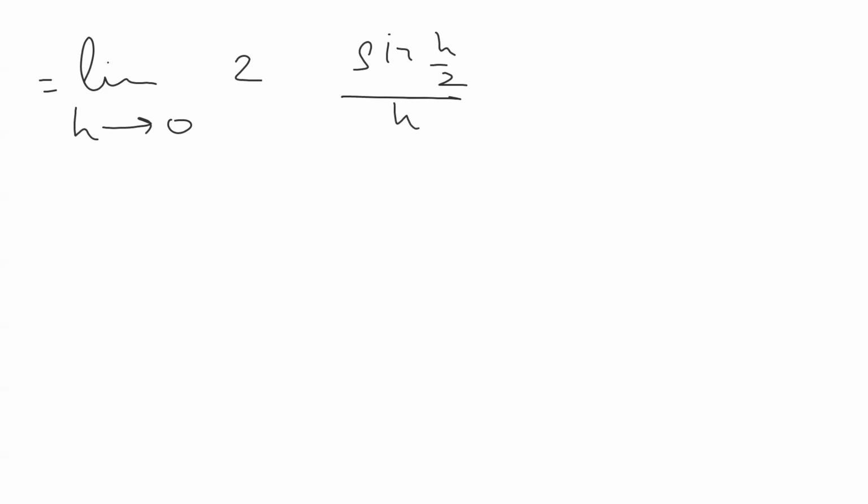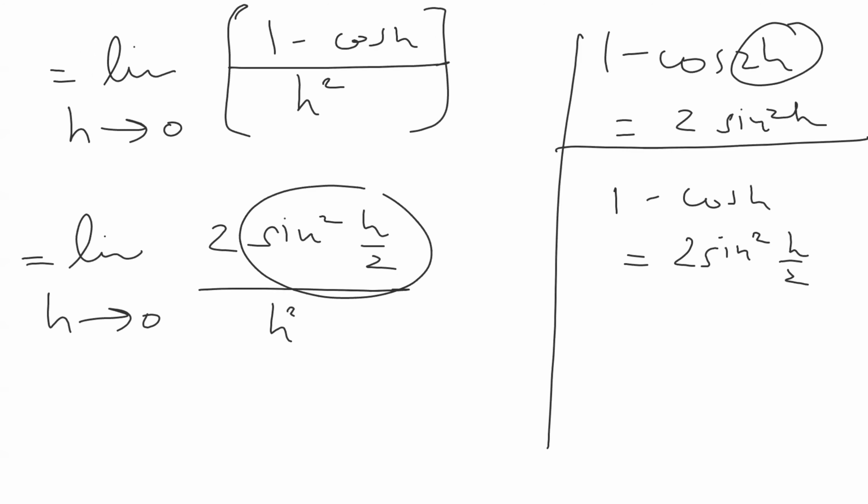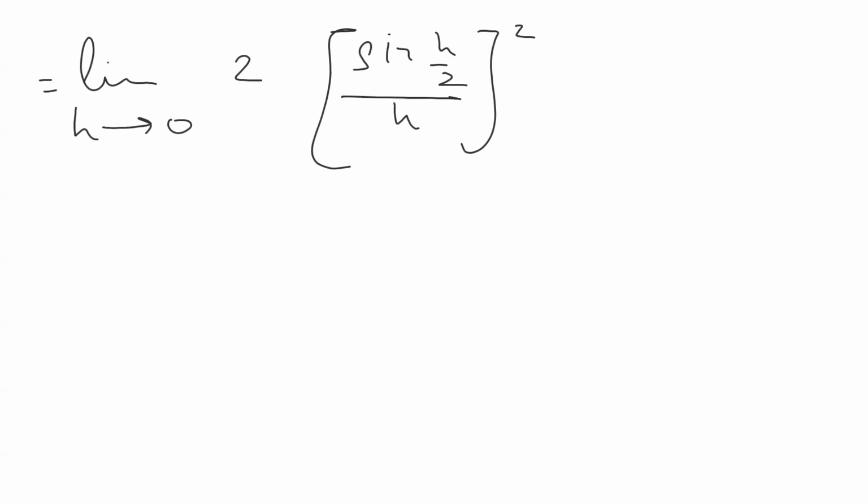So the limit, h approaching 0, 2 remains as it is, then sine h by 2 upon h the whole square. We are grouping the square terms together. Now in the numerator we have h by 2, so in the denominator also we should have h by 2.